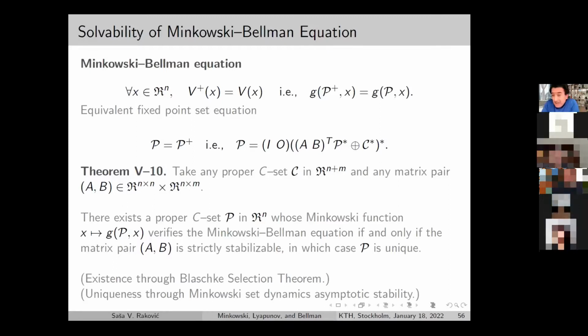And then the uniqueness would be obtained from the asymptotic stability of underlying dynamics. But on reflection, once you publish things and you avoid the referees and comments and criticism, you get more time to think. I think this can now be proved using more direct lattice theoretic arguments and using Tarski fixed point arguments. Okay.